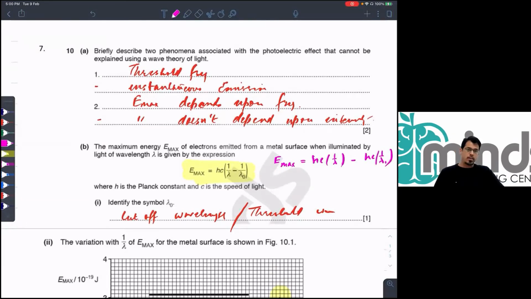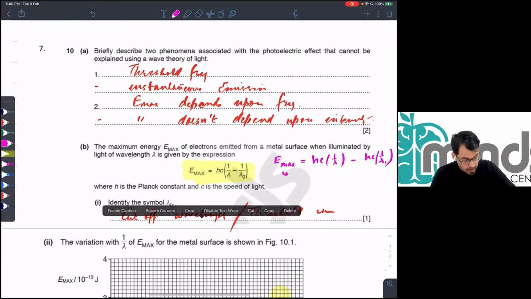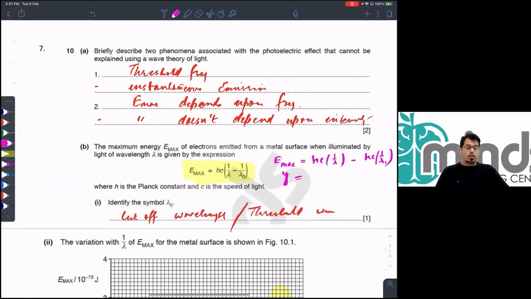I simply open up the bracket. Now, E max is actually y, and 1 over lambda is actually x. I did explain this technique in the last class as well. This equation is like y equals mx plus c. So you can clearly see the gradient is equal to Planck constant times c.